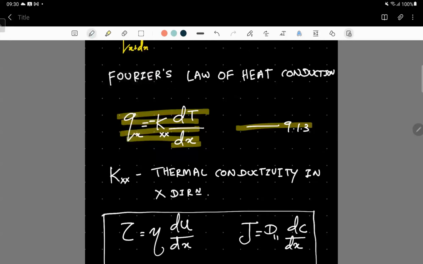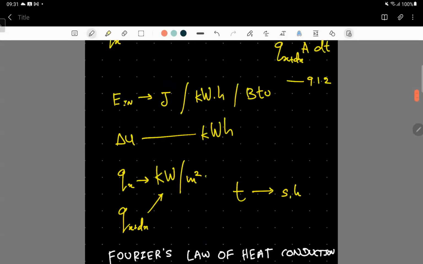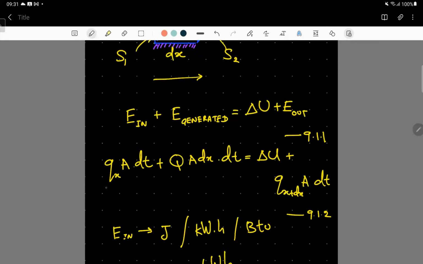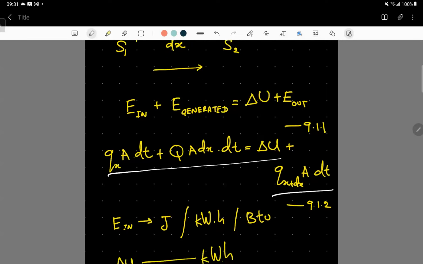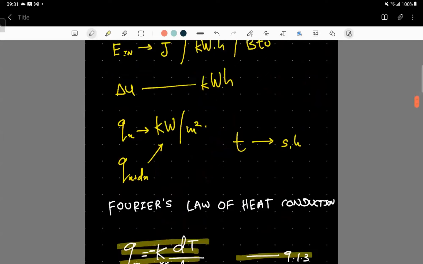Now, mind you, what is the intention? We are trying to solve this equation, this is the equation of interest. So we have defined this term using the qx values, or using the Taylor series expansion. Next we are interested in writing an expression for the stored energy, or the change of the stored energy.